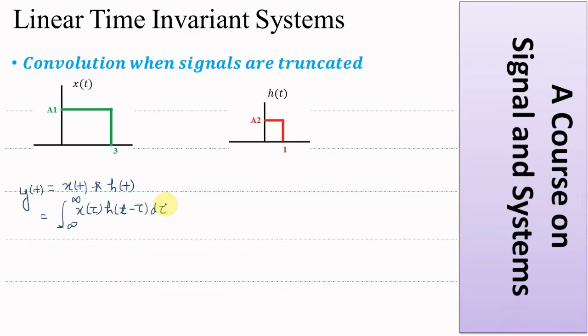So I need to plot these two signals, x of tau and h of t minus tau. Then we evaluate the product. This is the operation: evaluate the product, and then the product is integrated given the limits for all values of time.